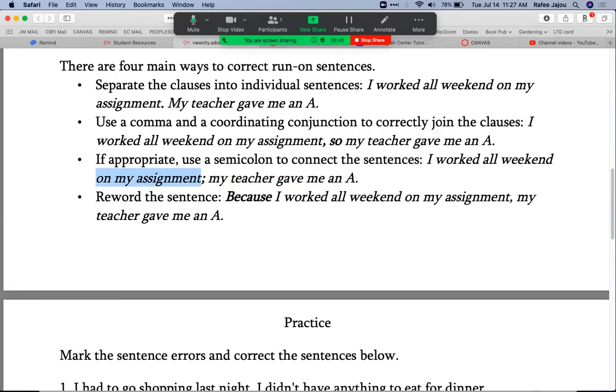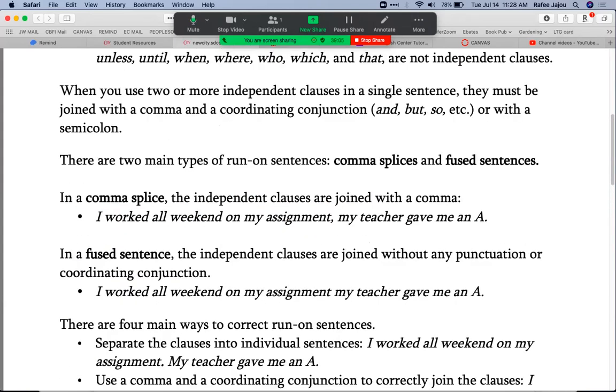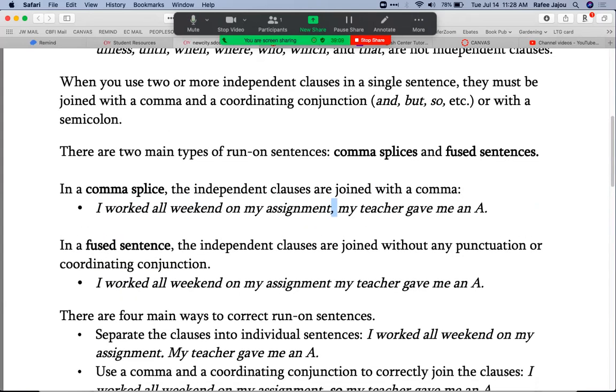All right, lastly, reword the whole sentence, which is not really rewording everything. You're just shifting the beginning part here using a subordinate phrase or word. I'm going to explain this real quick. You can keep a comma here, but you can't keep a comma here alone.